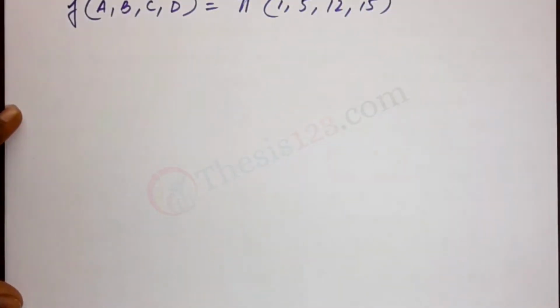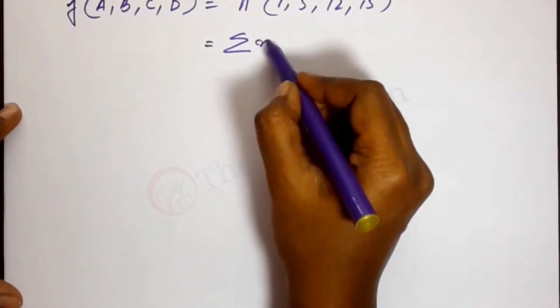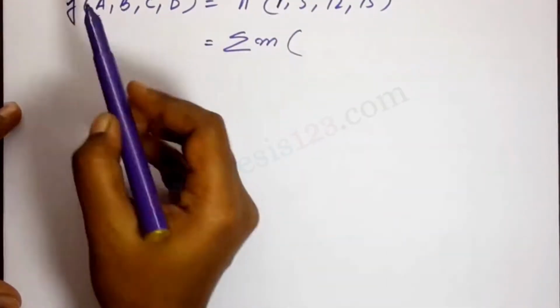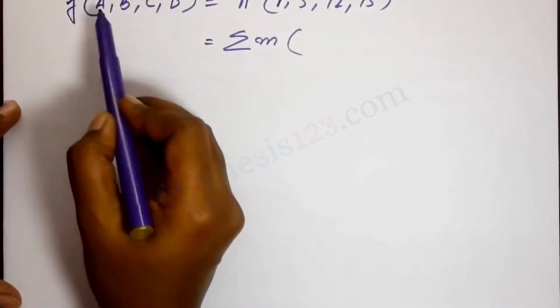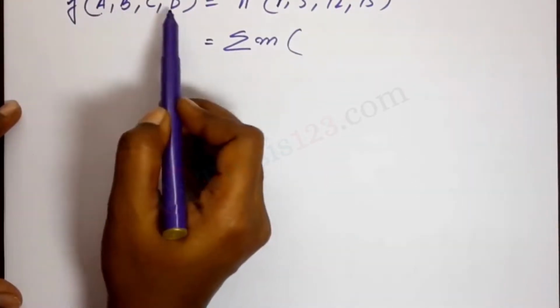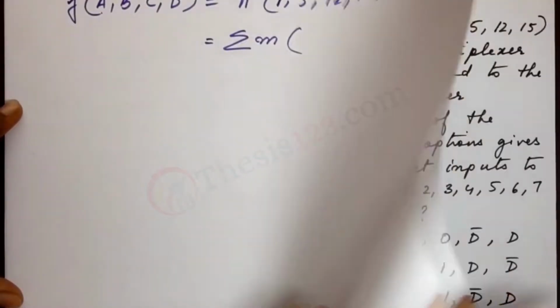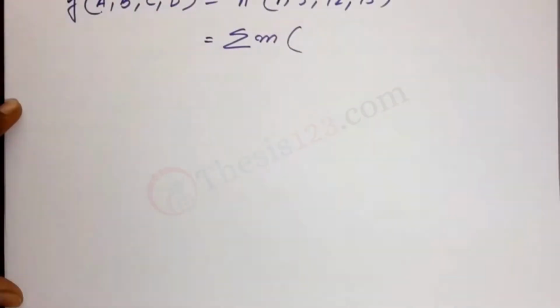Now we have to write this in terms of min-term expression. So if we convert that, sigma m of all the terms, now here it is A, B, C, D. We have 4 variables A, B, C, D, which means that this is going to be a 4 by 4 K-map with 16 cells.